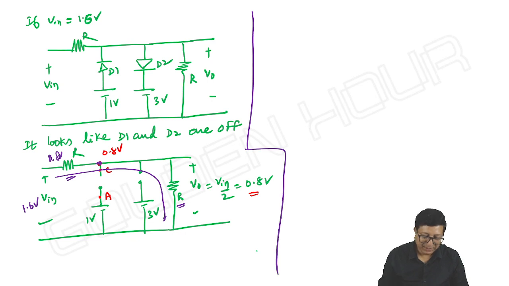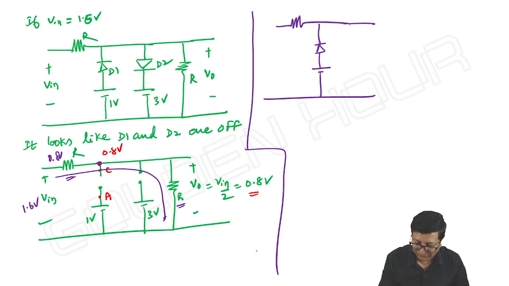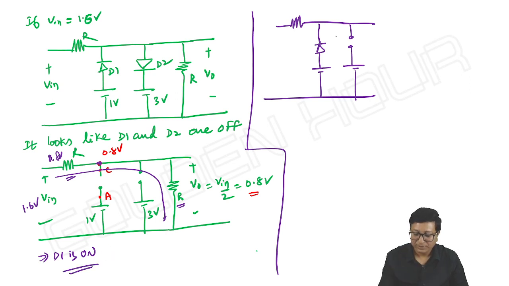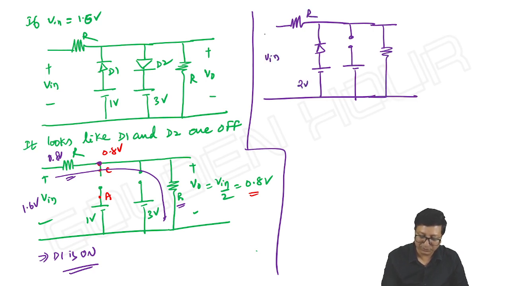Okay, and you can even check it, right? Suppose D1 is on and D2 is off, no doubt about it. So two volts are input, output.